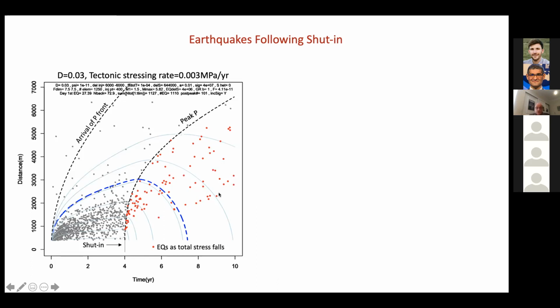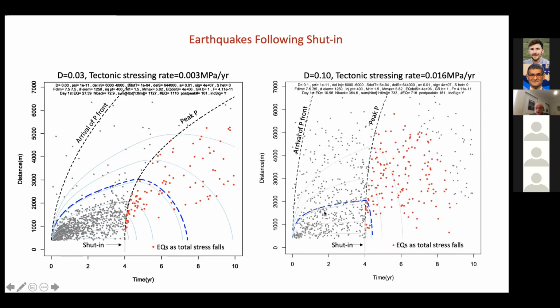And that's purely a rate-state effect. So these are essentially aftershocks to this peak pressure perturbation. And I didn't run this simulation long enough to see how long these go on.